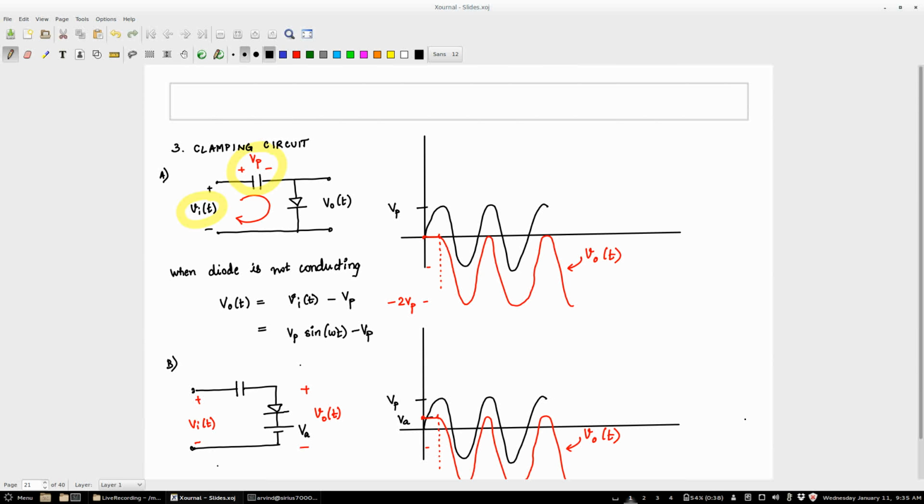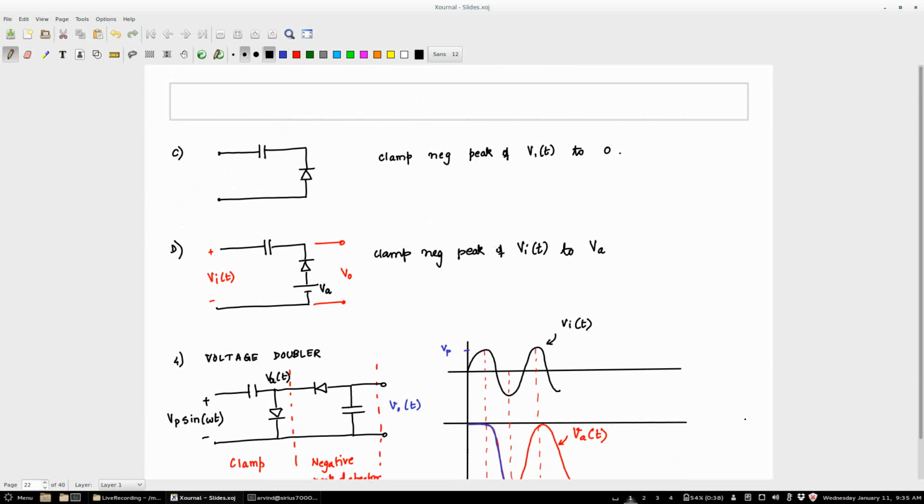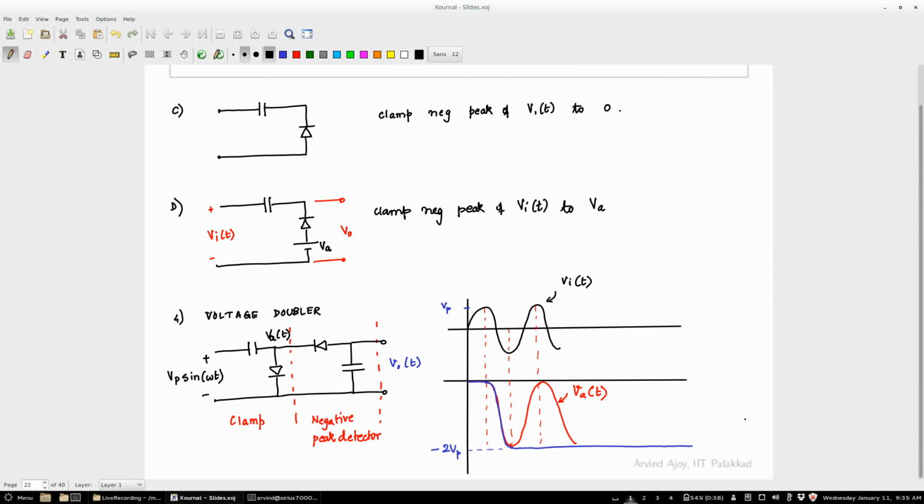Then you looked at a peak detector. Peak detector has a diode and capacitor, right? Then you looked at the negative peak detector. Then you looked at a clamp. Basically, the same circuit of diode and capacitor, but taking the voltage across the diode instead of the capacitor. So diode plus capacitor gives you either a clamp or a peak detector, right?